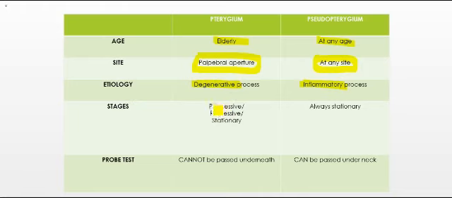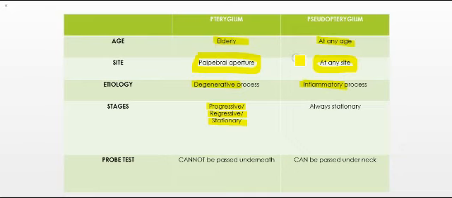Now stages with pterygium, it can be progressive, regressive or stationary. On the other hand, pseudopterygium can never progress or regress, because just think of it, it's something that was there, just gets attached to the cornea.